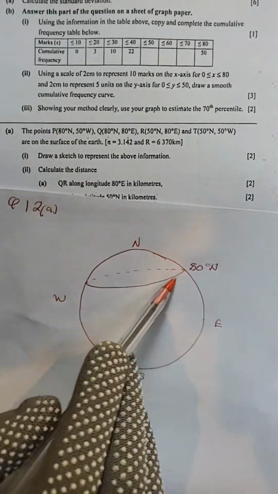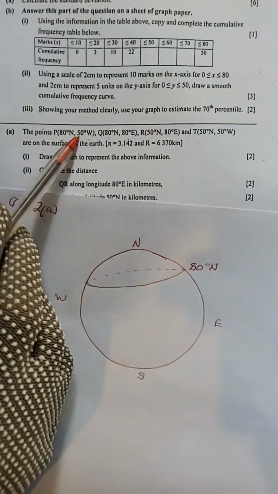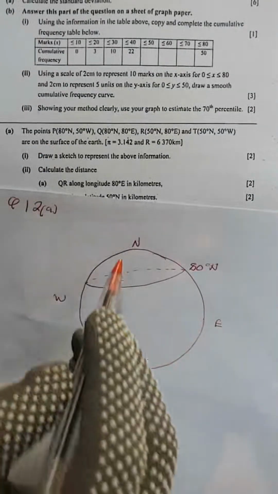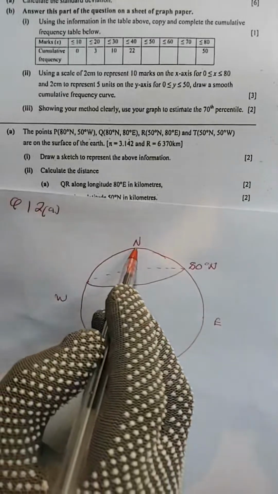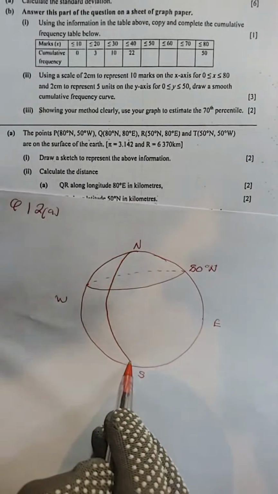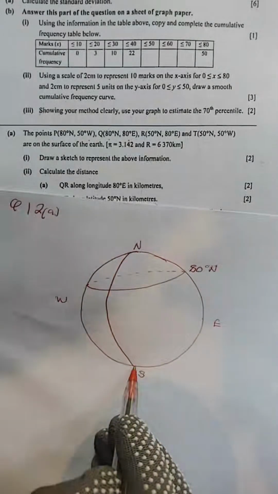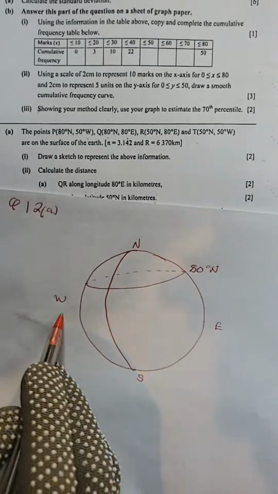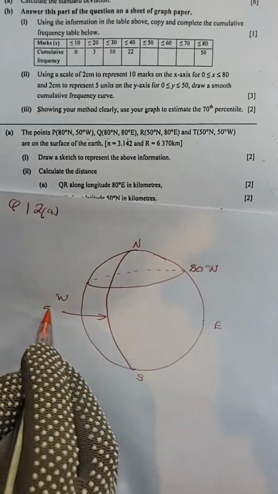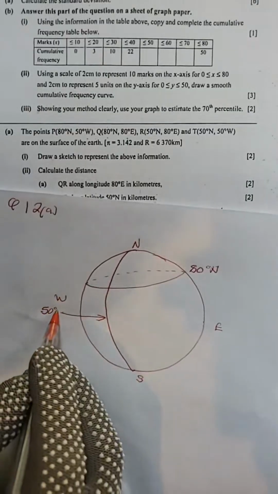Then the other point, since this is point P, is not yet complete, we have 50 degrees west. So it is on this side. So we're going to draw the longitude on the west side. Then I'm going to indicate that this longitude here is the 50 degrees west.